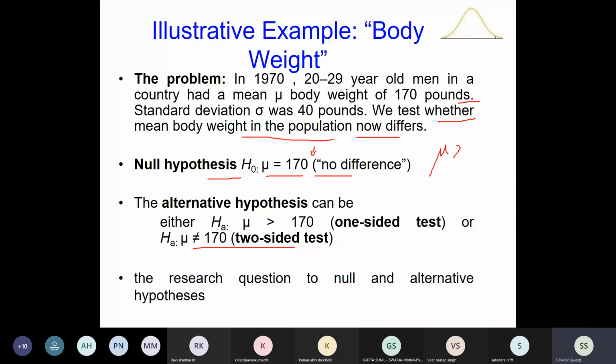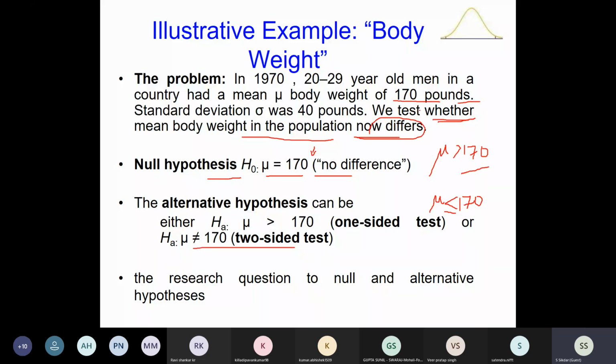Here we just want to see whether the mean body weight in the population now differs or not. That means we want to say 170 or not. It is not said whether it is greater than or less than. What you are saying is, the first one is mu equal to 170, and you want to say mu is less than or equal to 170. Yes.